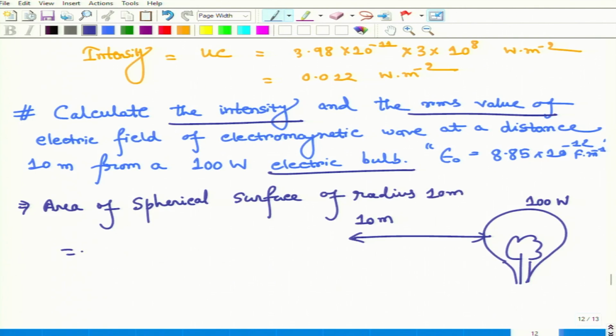What will be the area? Because we have to calculate for the total surface, right? That's why we need the area, which will be 4 pi r square. So it is 4 pi into 100 meter square. So 400 pi meter square.